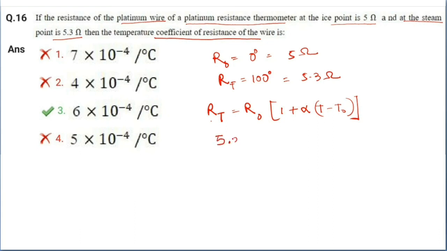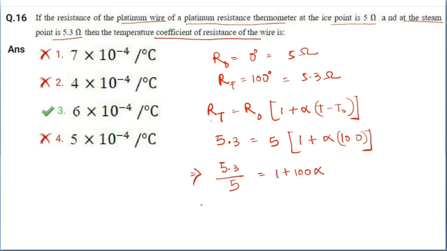So 5.3 is equal to R0 value 5, into 1 plus alpha, where alpha is the temperature coefficient of resistance, which we have to calculate, into T minus T0, that is 100 minus 0 is 100. Now 5.3 divided by 5 is equal to 1 plus 100 alpha.